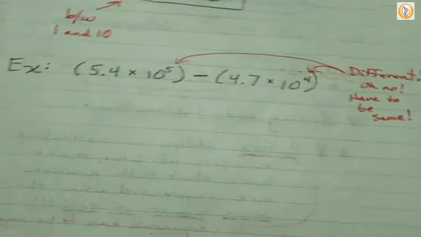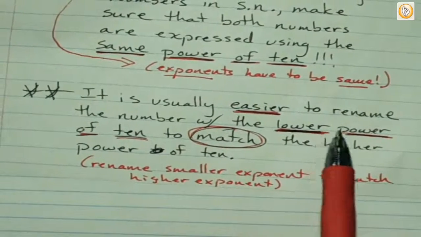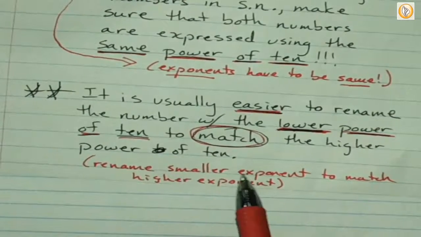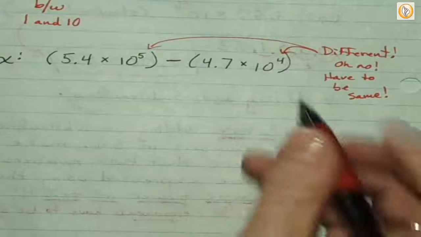So, back over here, I said it is usually easier to rename the number with the lower or smaller exponent to match the higher exponent. So, here's our lower one.